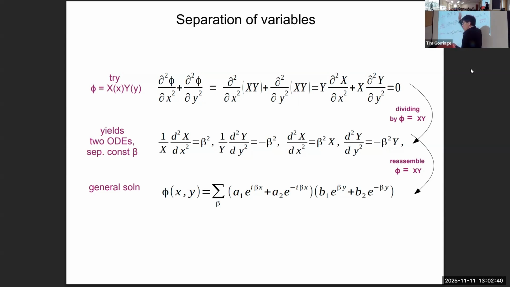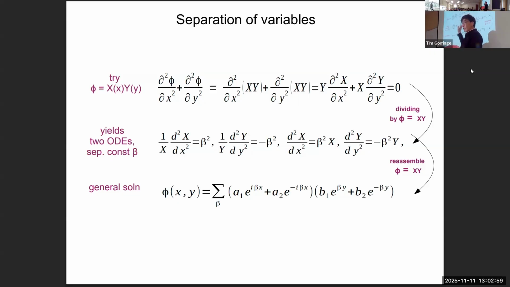The only way that could be true for every x and every y is that this first term is just equal to some constant, no matter what the x value. This second term is equal to some constant, no matter what the y value.